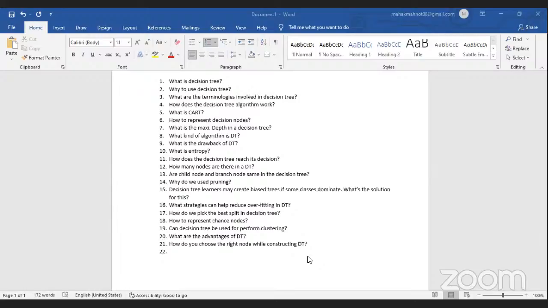We select first those attributes which are having maximum information gain, and then those having high entropy will come next, at the end. Okay, so now it's clear how you choose the right node while constructing a decision tree. Okay, next question.